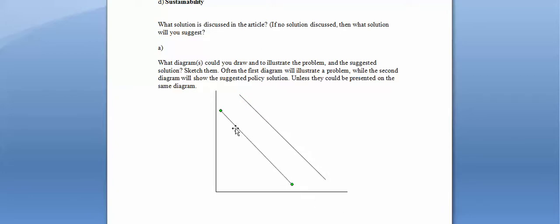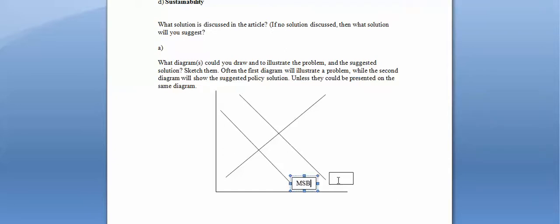Please make sure that everything is clear, everything is labeled. So you have the marginal social benefit, marginal private benefit. I'm not going to label everything right now in the video, but this is where you should label everything. Marginal social benefit, okay, marginal private benefit over here, or it's the other way around.